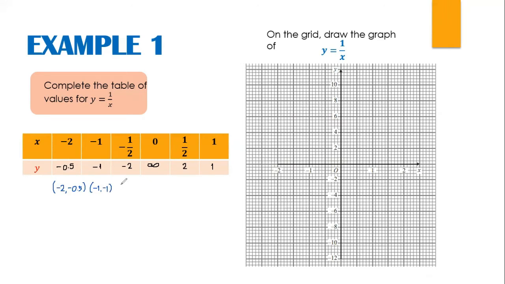The next is minus a half, comma, minus 2. But for 0 it is undefined, so we cannot plot this data. Commonly we call this the asymptote line. The next is a half, comma, 2. And the last is 1, comma, 1.